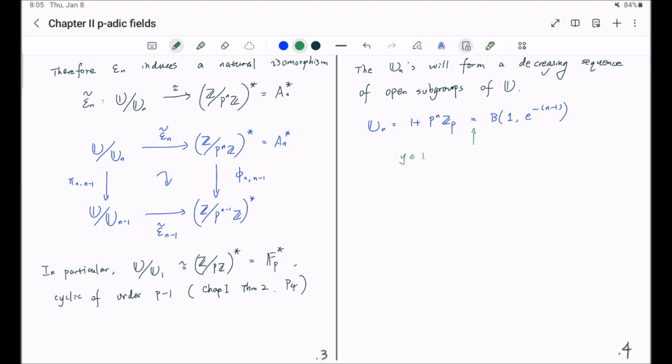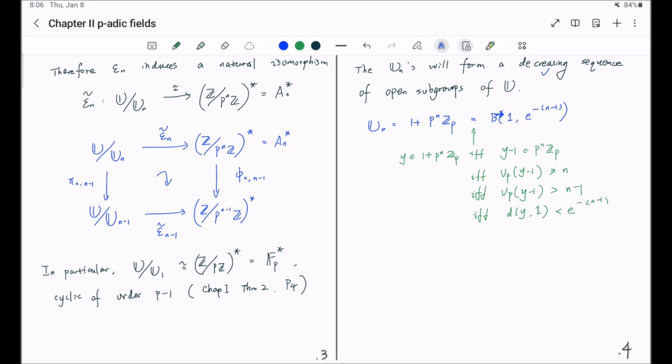Because y is in 1 plus p to the power n times Z_p if and only if y minus 1 is in p^n Z_p, if and only if the p-adic valuation of y minus 1 is bigger or equal to n, if and only if this is strictly bigger than n minus 1, if and only if the distance between y and 1 is strictly less than e to the power negative n minus 1.